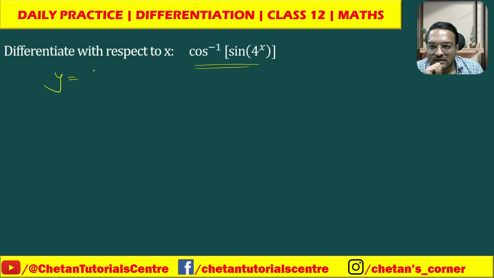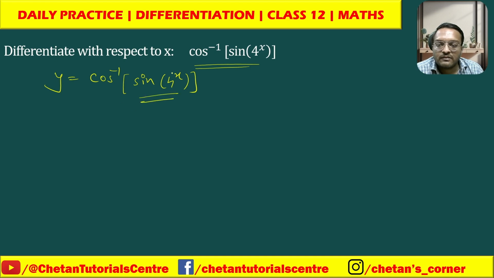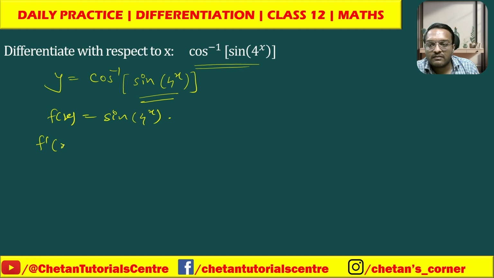Suppose this is the given function, cos inverse of sine of 4 raised to x. Now what will happen is, this sine of 4 raised to x will be taken as f of x, and its derivative, derivative of sine will be cos of 4 raised to x multiplied by derivative of 4 raised to x, that is 4 raised to x into log of 4.